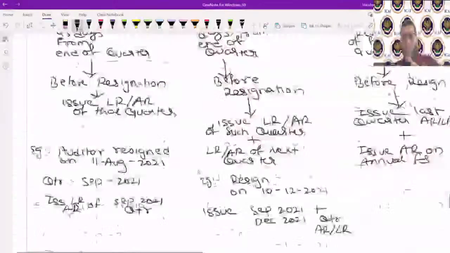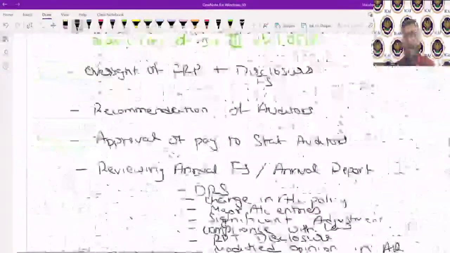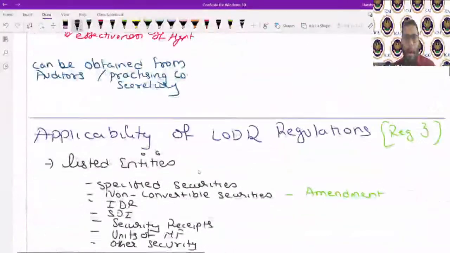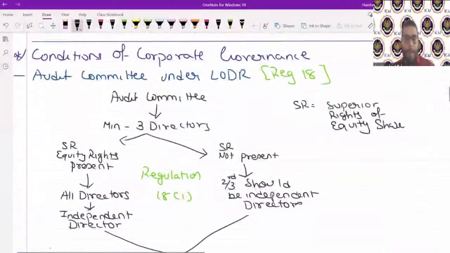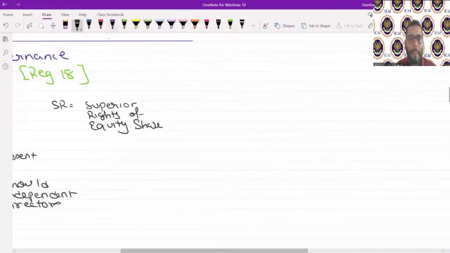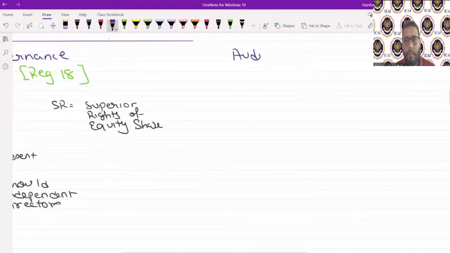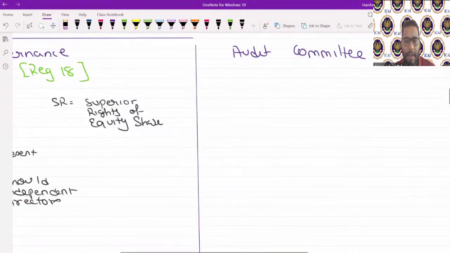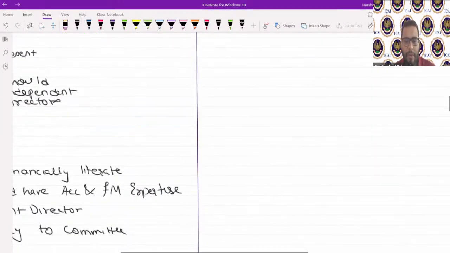Now, this was the LODR audit committee, LODR we were talking about. Remember, in the start I told you, audit committee is also present under the Companies Act. Now we will discuss audit committee under the Companies Act. There are not many provisions, but again, there are a few provisions that we need to see.